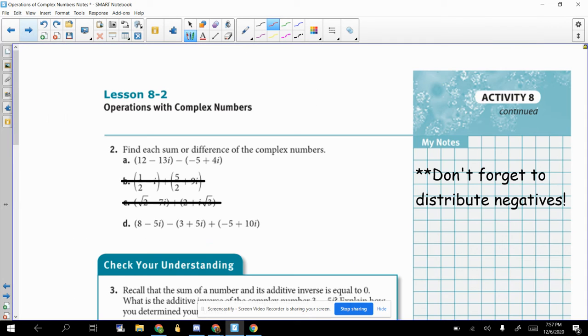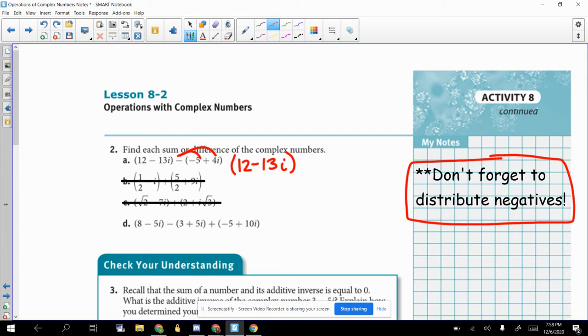Okay. Subtraction is very similar, but this is going to be important here. You need to distribute that negative. So I'm actually going to rewrite this first one, and I'm going to write my first complex number the exact same, 12 minus 13i. But then what I'm going to do is distribute that negative to everything in the second set of parentheses.